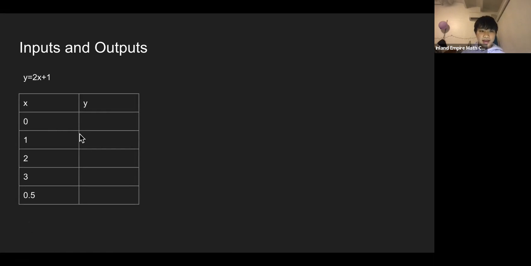So if x is 0, then what is y? You can think about this as y being an output of the equation and x being the input of the equation. And the equation is this sort of machine that changes the number that you put into it into a number that comes out of it. Hence why it's inputs and outputs.